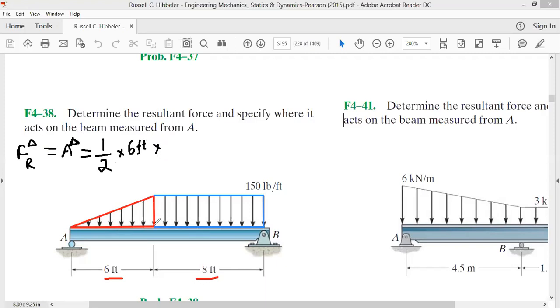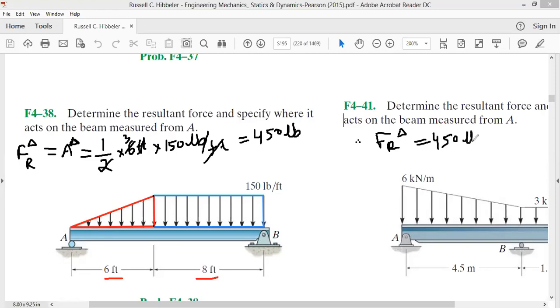The perpendicular is the distance from here to here, which is 150 pound per feet. Feet and feet will cancel, so this will be equal to 450 pound. So the resultant force because of the triangular load is equal to 450 pound.